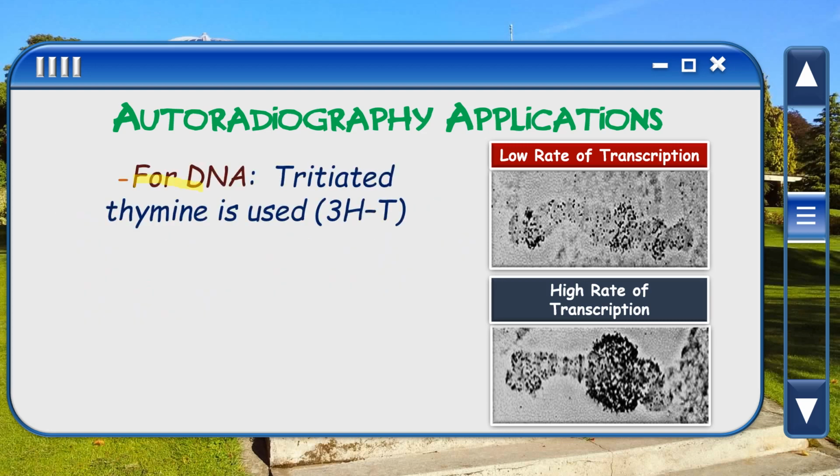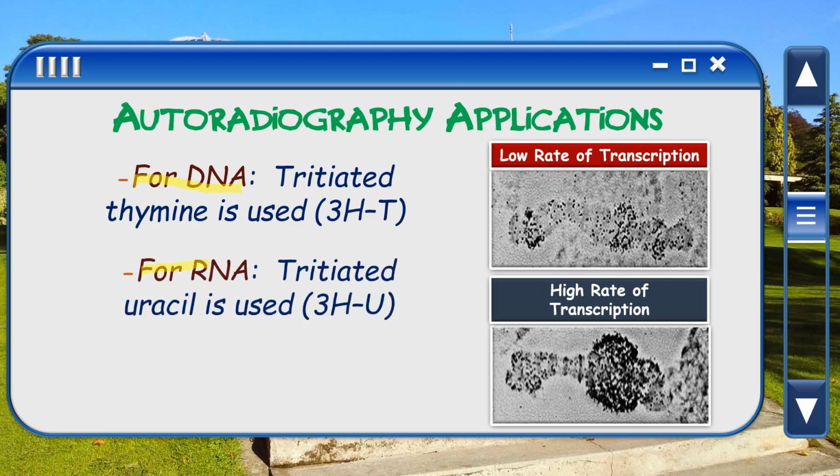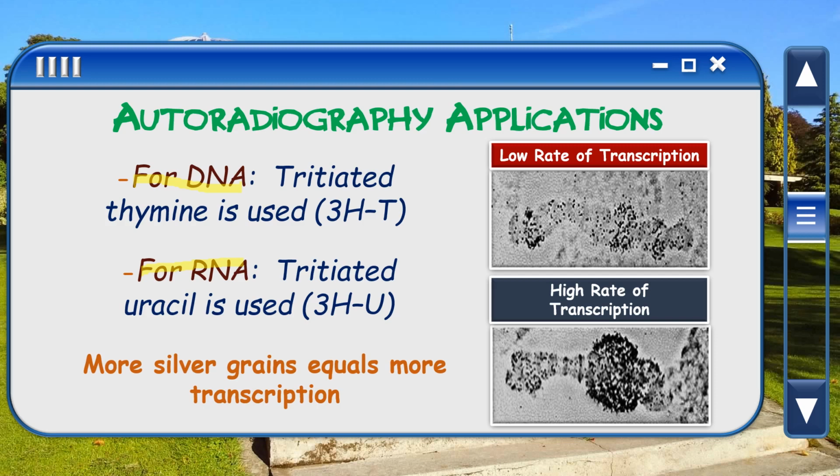For DNA, tritiated thymine is used. For RNA, tritiated uracil is used. More silver grains equals more transcription.